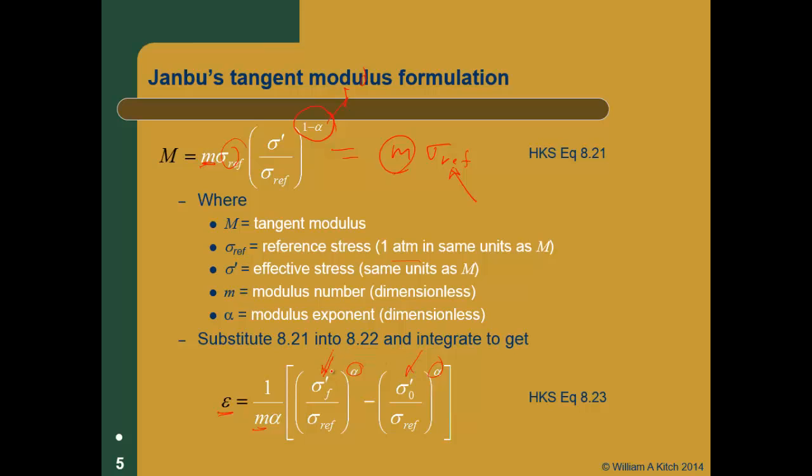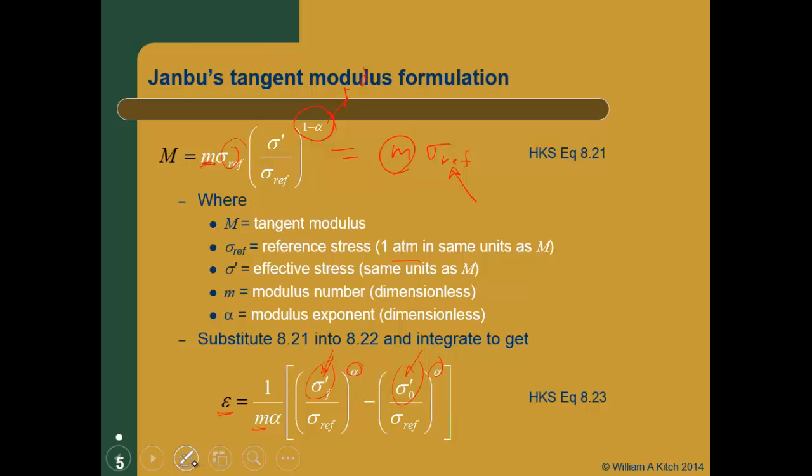So it's a really simple integral, right? If you put this in the exponential form and then do the calculus, you get this really simple formula for the strain as a function of the starting stress, the final stress, and these two parameters.